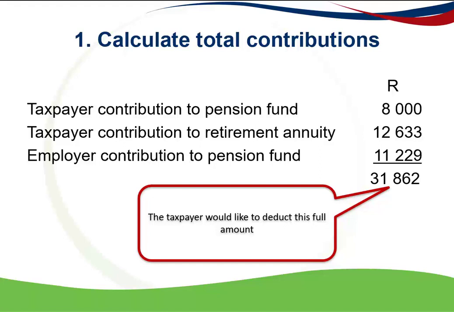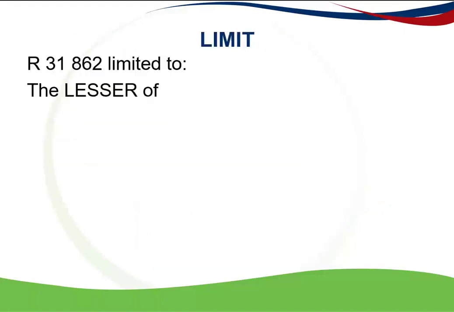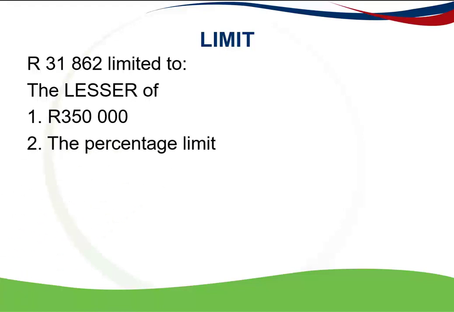So let's have a look now at how the theory of the limit will apply. So we've got total contributions of 31,862, and it's limited to the lesser of. The first amount is 350,000 Rand that's given to us in the Act. The second limitation is the percentage limit. Okay, so let's do that percentage limit now. The Act says it's 27.5% of the higher of, well, first of all, remuneration.